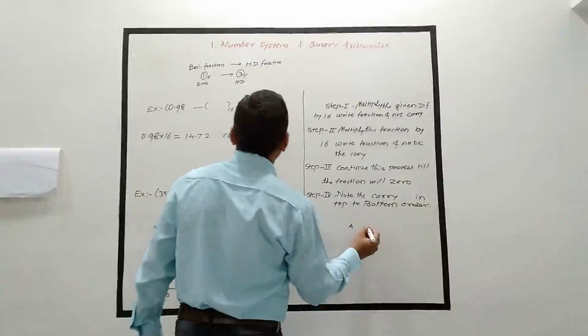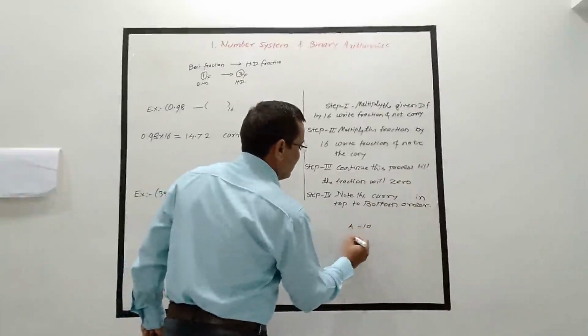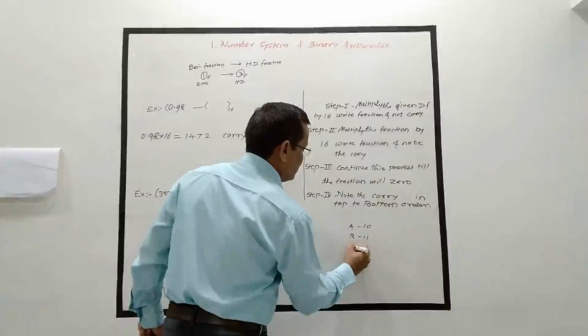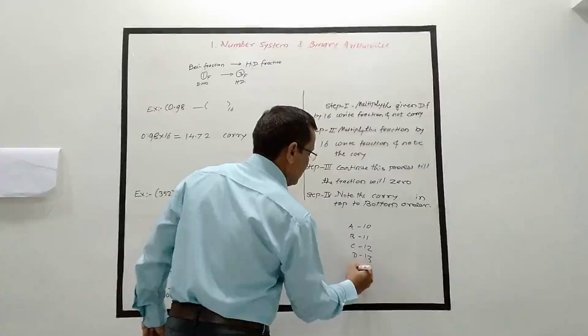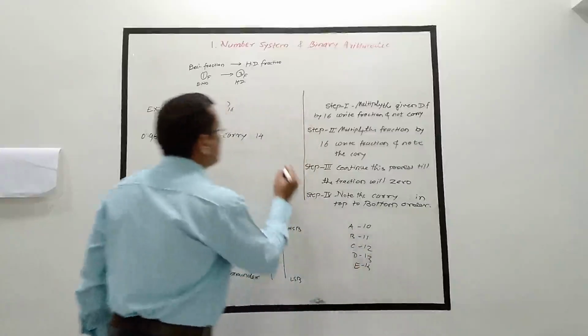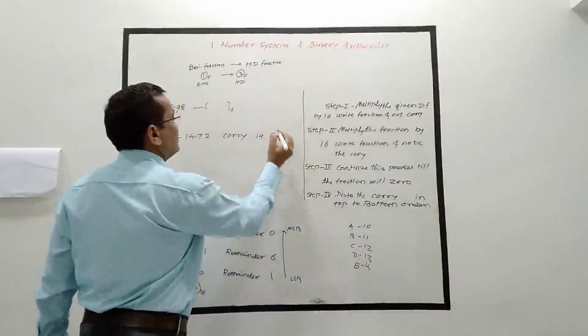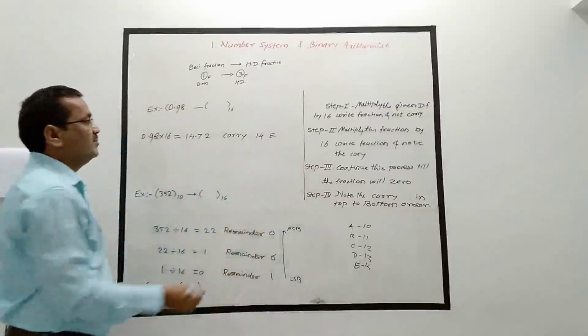A for 10, B it is 11, C it is 12, D it is 13, and E it is 14. So here we write E for 14.